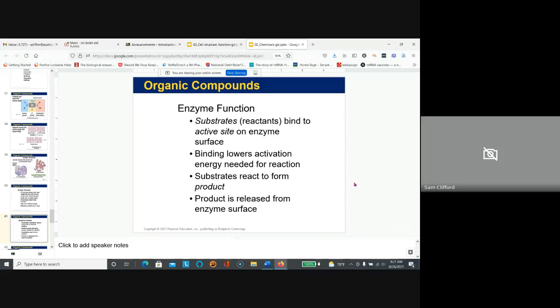Enzymes are organic catalysts. They start with reactants and produce product. The enzymes are not used up themselves. And I said already, they lower the activation energy.